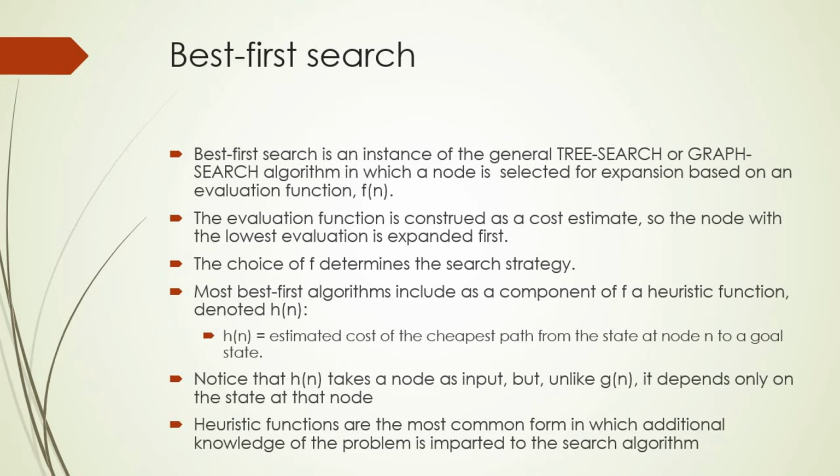You should note that that's why the word heuristic, because the informed search is based on the heuristic. Notice that h of n takes a node as input, unlike g of n, it depends only on the state at that node. So the node has got more information than as we described a node before. I think we understand when we say a node and a state.